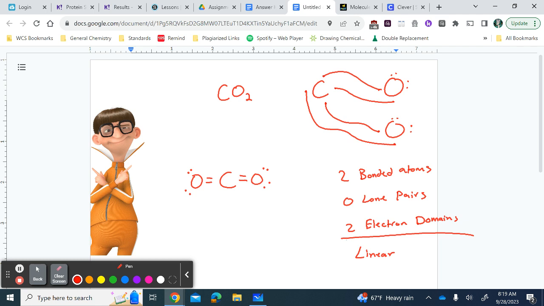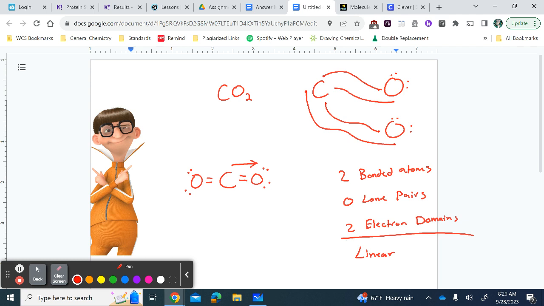Now, if we look at how this works and we pay attention to the periodic table, we know that oxygen has a higher electronegativity than carbon, right? It's stronger. It's farther to the right than carbon is, so it has a higher electronegativity. So what that means is the electrons are going to be pulled in this direction toward that oxygen.